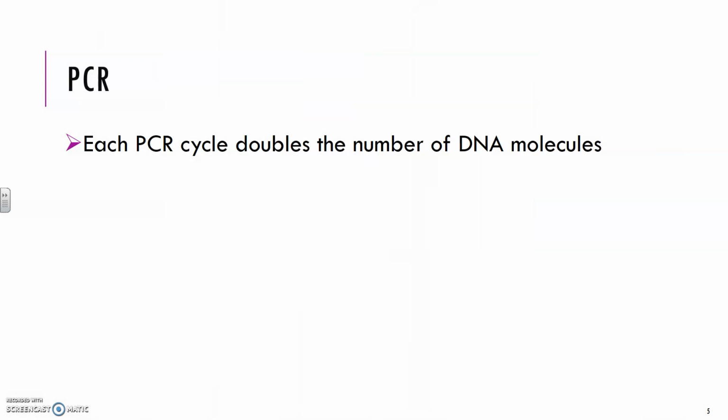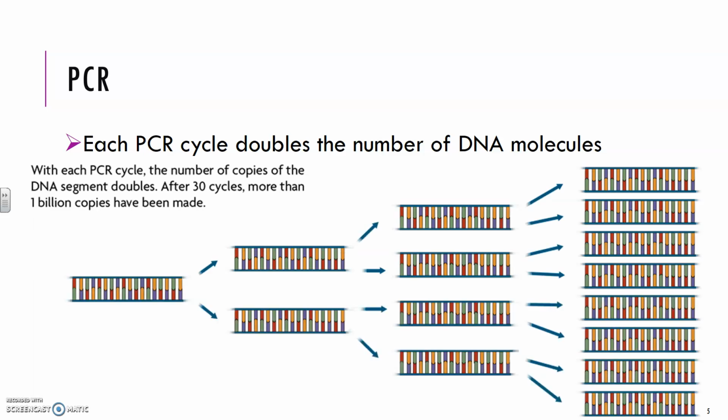So when you go through a single cycle of PCR, you're doubling the number of DNA molecules. Okay, so with each cycle of PCR, doubling it, after 30 cycles, even if you just started with 1 molecule of DNA, you have over 1 billion copies of that piece of DNA.